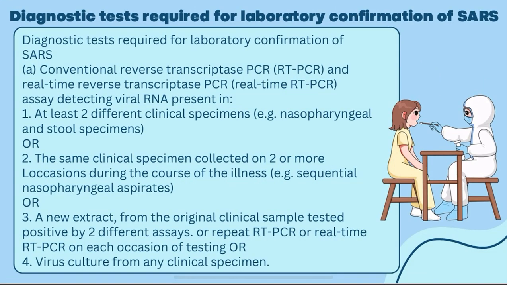The diagnostic tests required for the laboratory confirmation of SARS include the conventional reverse transcriptase PCR, polymerase chain reaction, and real-time reverse transcriptase PCR. So we have the RT-PCR test, real-time reverse transcriptase polymerase chain reaction.